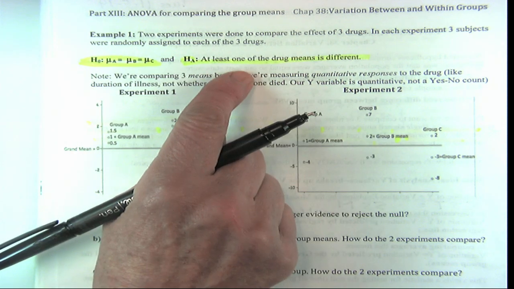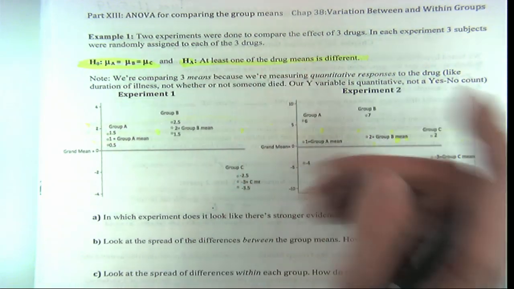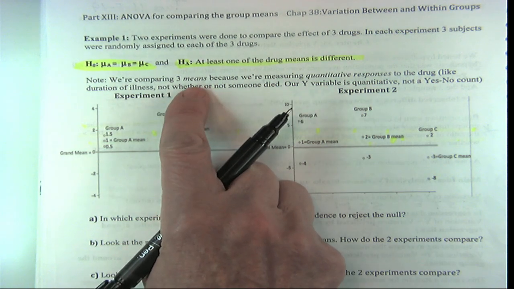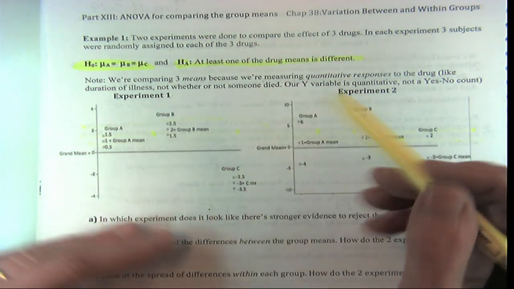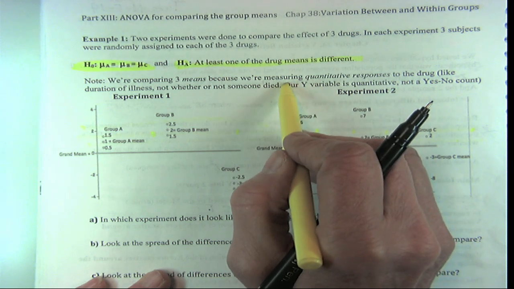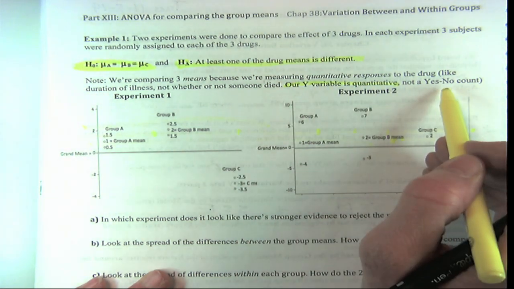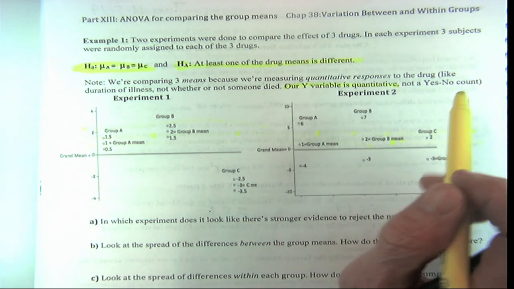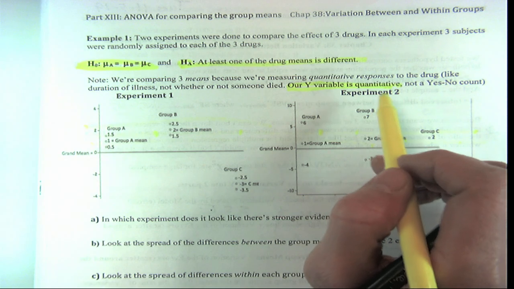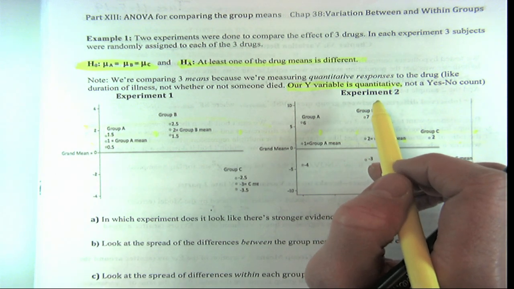And the alternative was that they were different, since there was only one difference there. But here, at least one of them is different. All right. So now we're comparing three means because we're measuring a quantitative y. Our y variable is quantitative, not a yes-no count. In all these ANOVAs, our y is a quantitative variable.